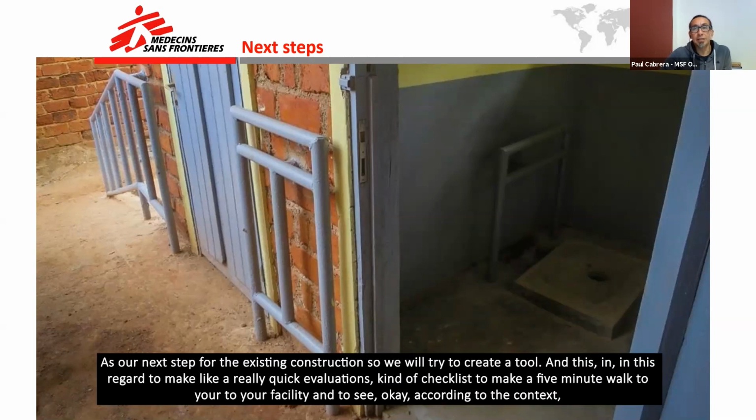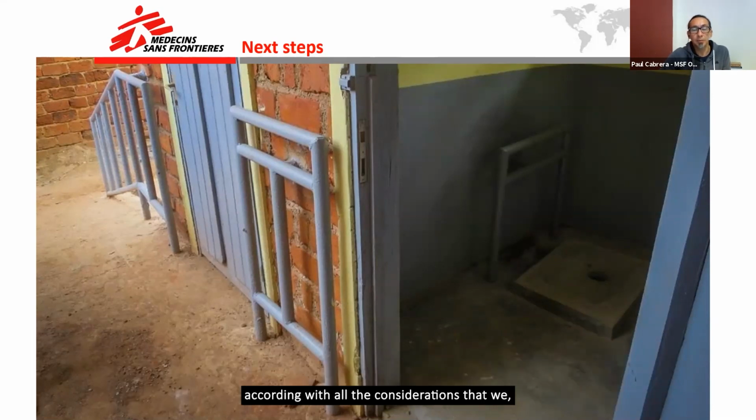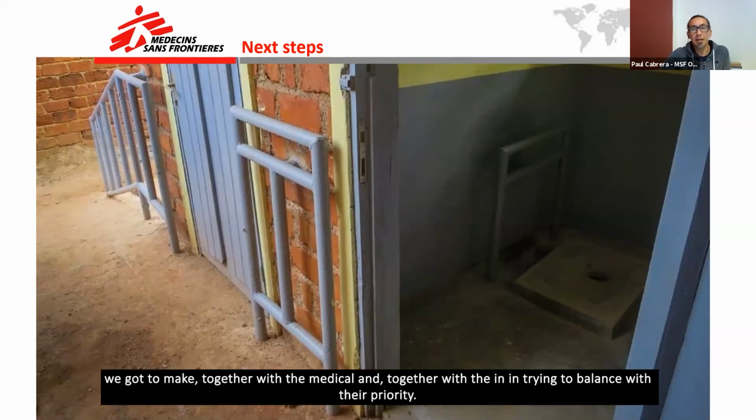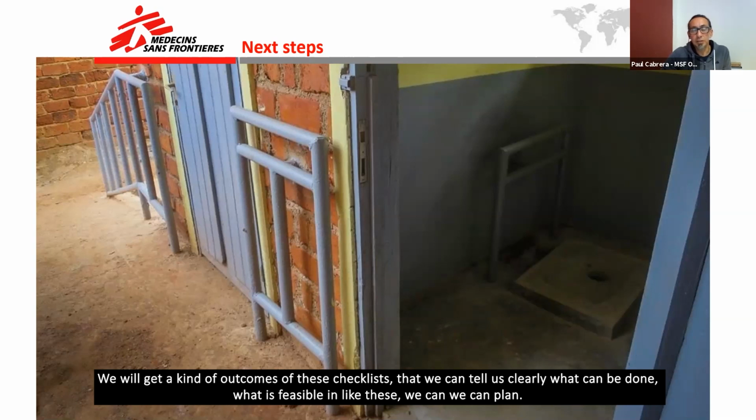As a next step for the existing construction, we will try to create a tool in this regard, to make really quick evaluations, a kind of checklist, for a 5-minute walk through your facility, to see, okay, according to the context and all the considerations that we can make together with the medical team, trying to balance with the priority, we will get outcomes of this checklist that tell us clearly what is feasible, and like this we can plan in the future.